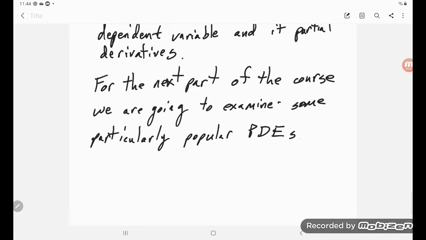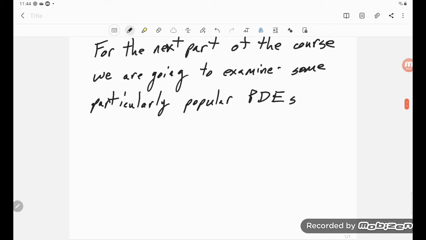Okay, we're going to look at things like u sub t, where t is time and x is space.